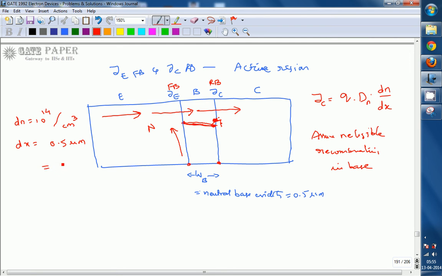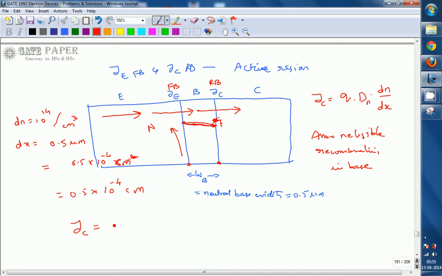So you can write it as 0.5 into 10 power minus 4 centimeters. Because the other quantities are in centimeters, we are also converting this into centimeters. Now we can calculate the collector current density JC, which is due to diffusion current.